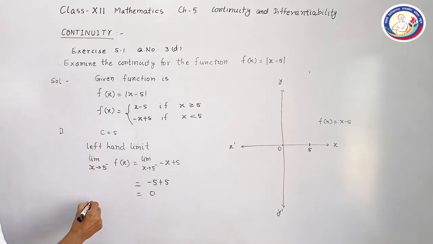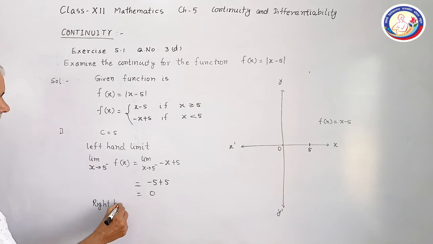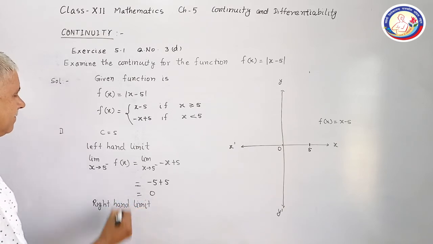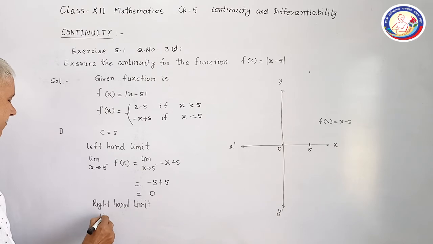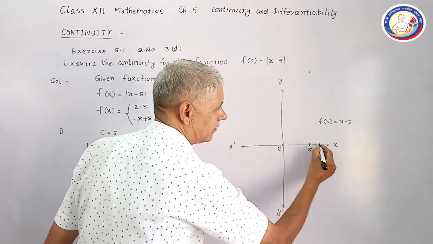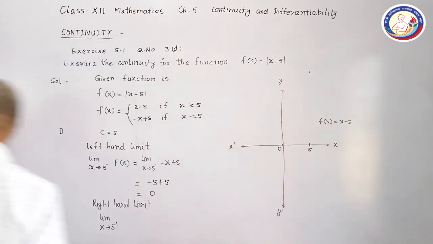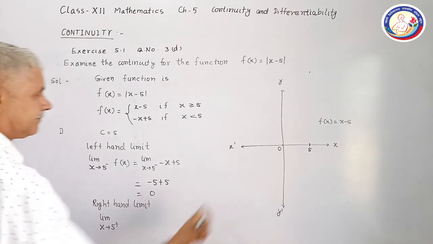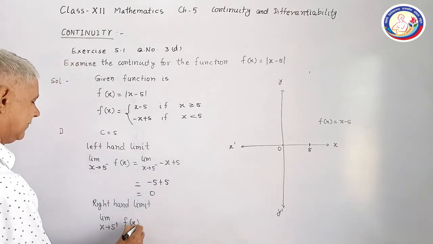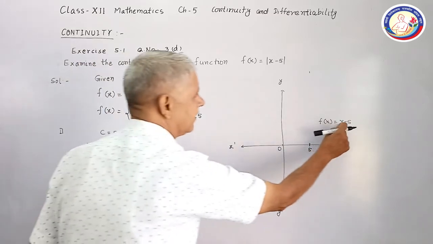And right hand limit, limit x tending to 5 plus. Now, if we approach 5 from this side, the function is x minus 5. What is the function here? It is x minus 5.